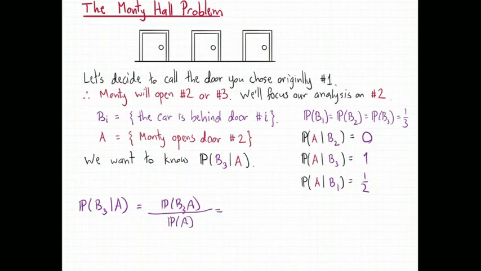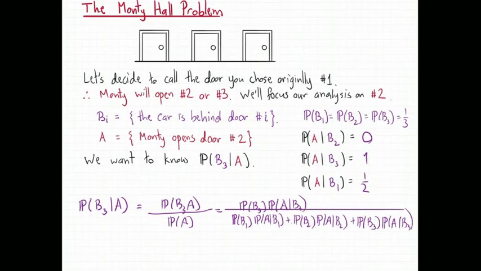And to calculate the numerator, we expand that in the other direction using the definition of conditional probability, in terms of a number we do know, the probability of A given B3, and in the denominator, we have 3 terms. And all of those numbers are listed just above here, so let's sub them in.